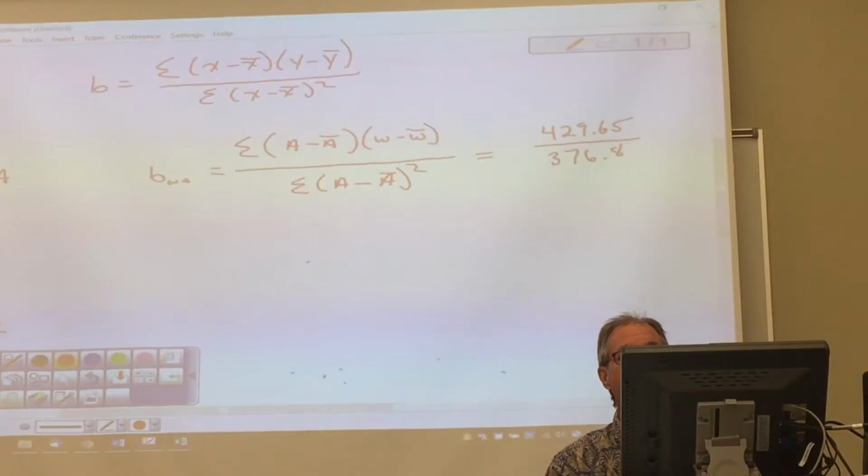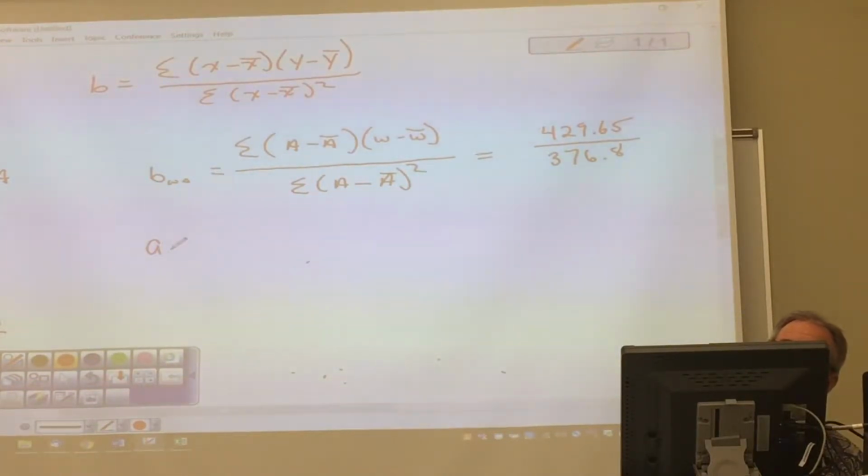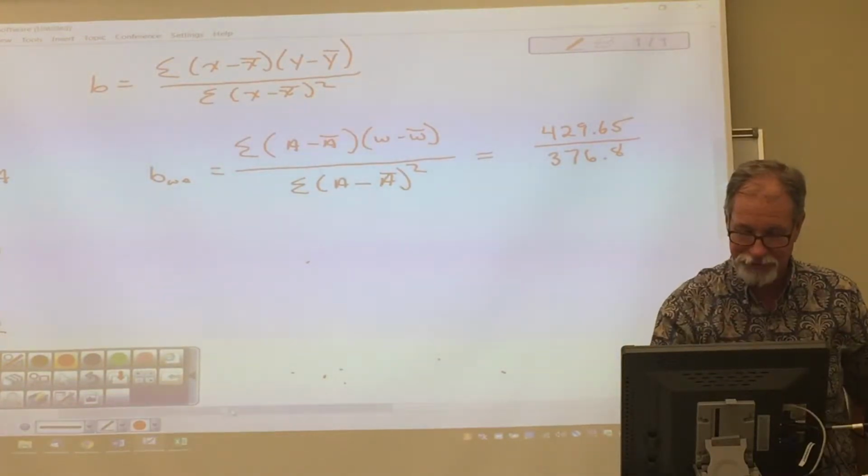Now, how do I calculate the A? I always have to go back to the formula to get this.